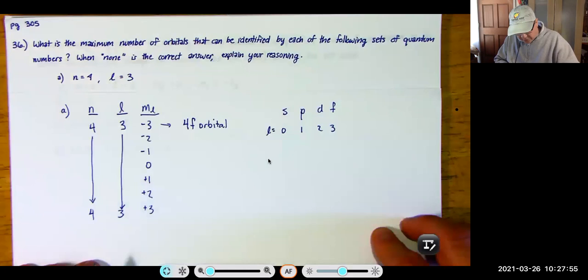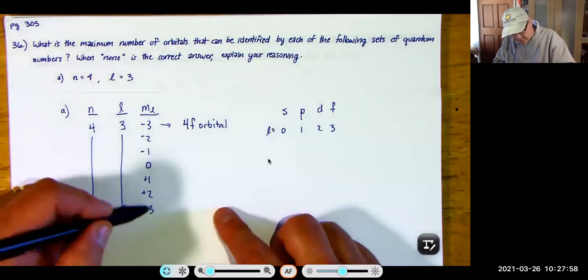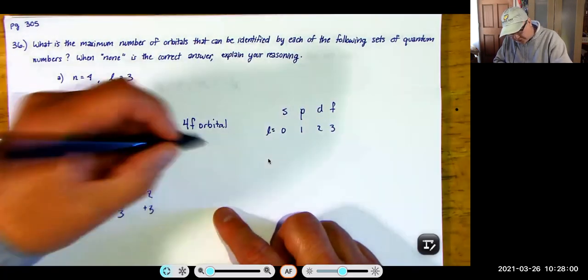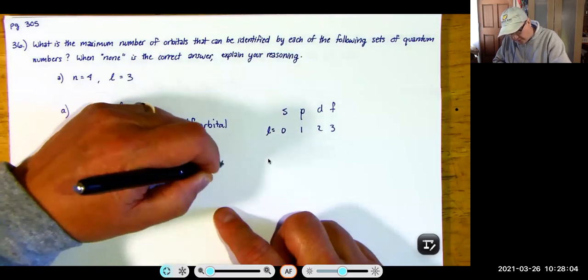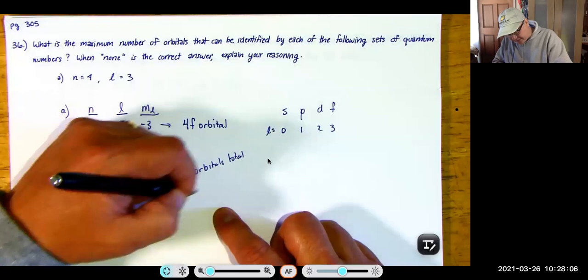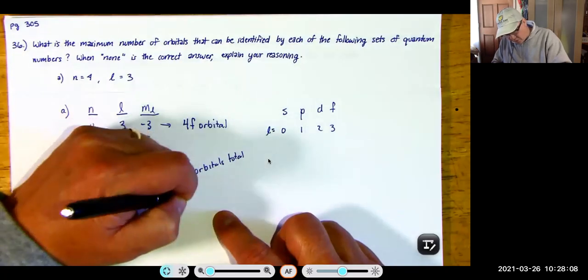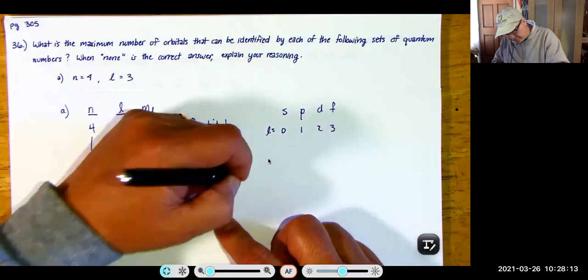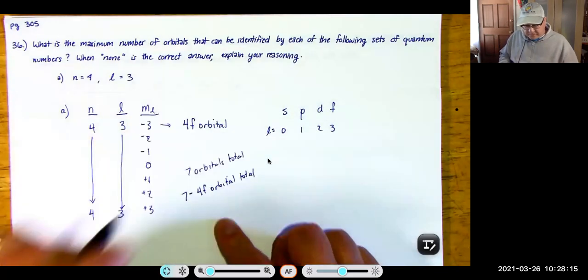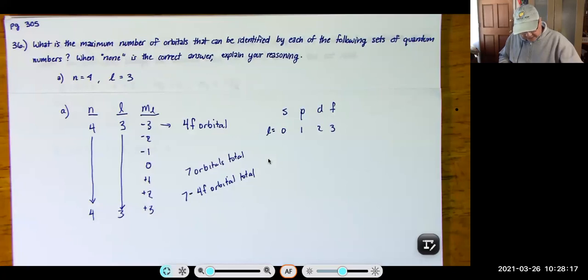Okay, so how many orbitals do we have here? 1, 2, 3, 4, 5, 6, 7. So 7 orbitals total. And we could even say 7 4f orbitals total. Okay, so that's A.